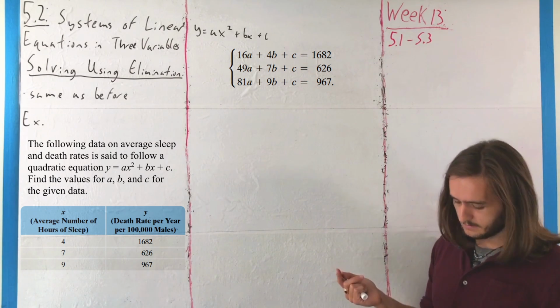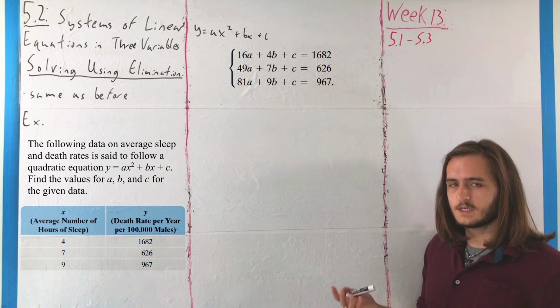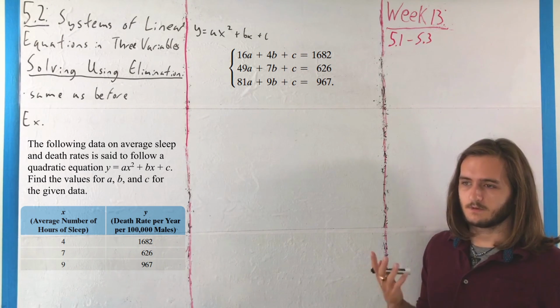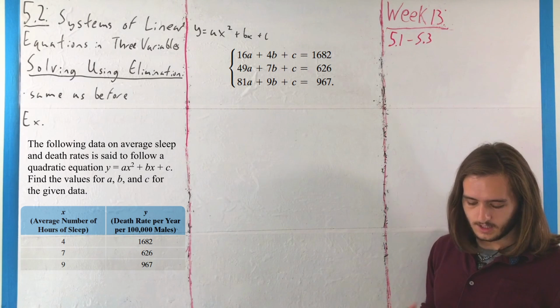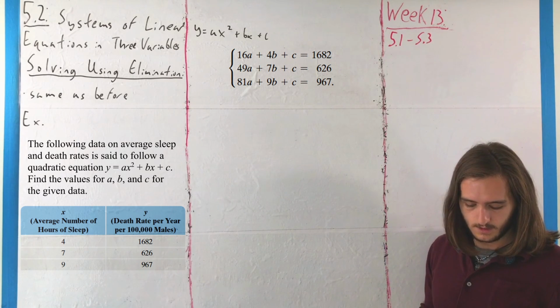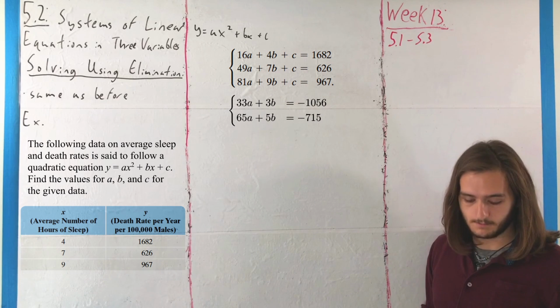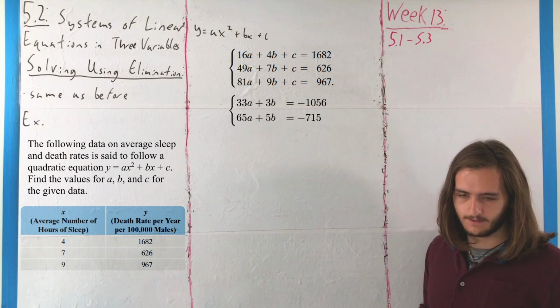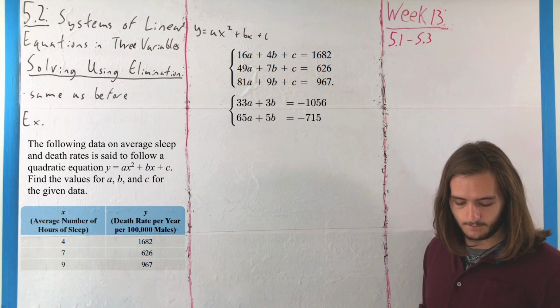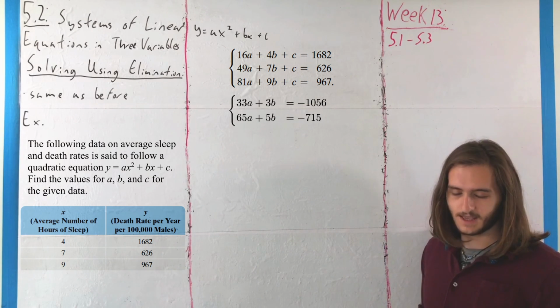So we have that system, and the c seems like the easiest thing to cancel because we've got one c in each of them. So we're just going to end up subtracting a couple of terms. Subtracting the first two from each would leave us with 33a plus 3b equals negative 1056, and 65a plus 5b equals negative 715.